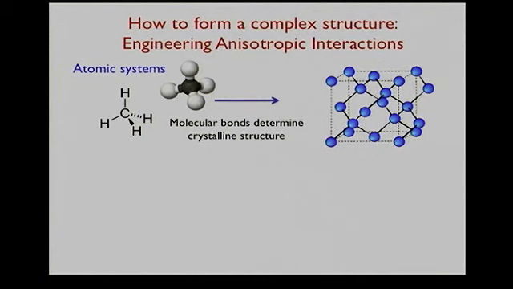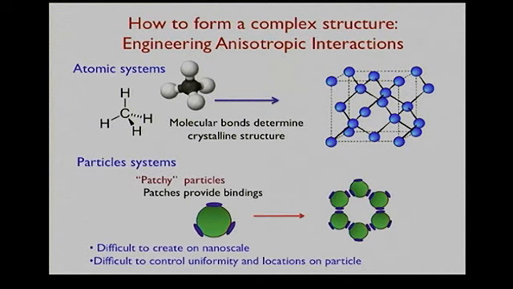Again, computational work in the last 20 years suggested that if you can have patchy particles, those particles which have particular binding patches, so those patches basically just provide attractive points for other particles, and if we can place them in the particular position of the particle, they can promote formation of different structures.